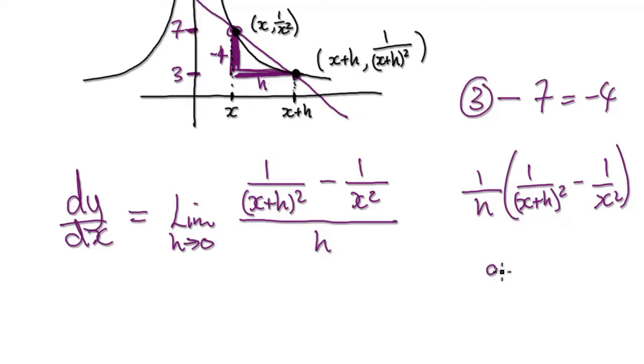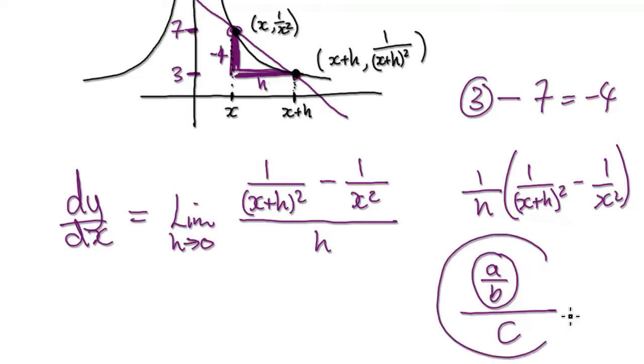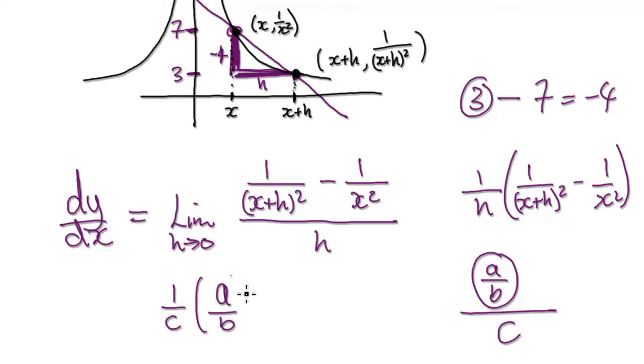So just imagine you've got a over b as one fraction, and then you divide it by c. So here you've got a fraction within a fraction. So you can rewrite this as being 1 over c times a over b. So really it's just one fraction multiplying another fraction.